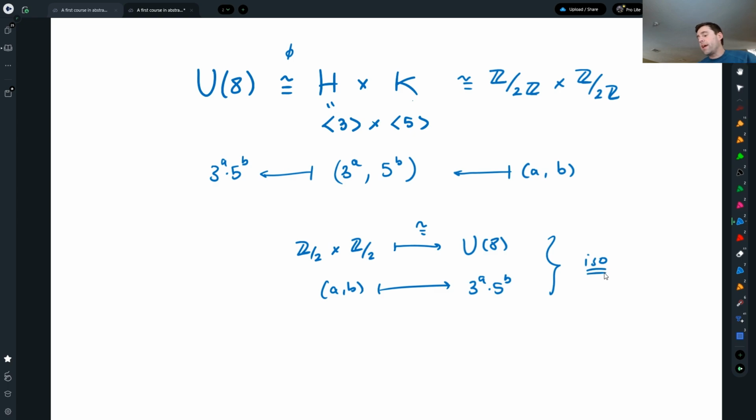So now I get an isomorphism that is not just written out as a bijection, one goes to such and such. It is actually a bijection that makes sense, and you can easily prove that this is an isomorphism, that it gives you a bijection, and it respects group structure.